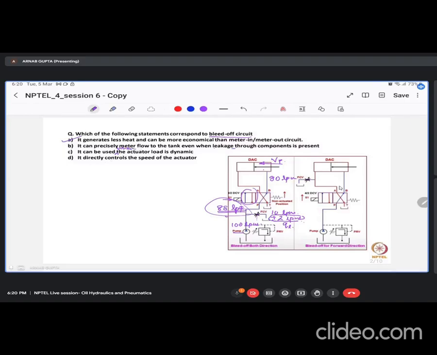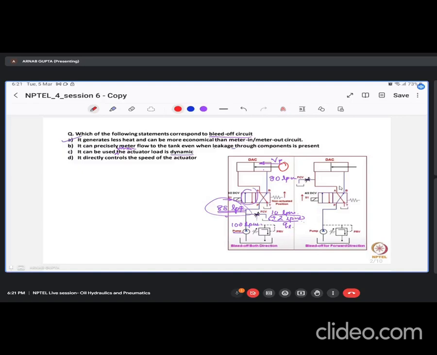Next: it can be used when the actuator load is dynamic. Again, this type of bleed off circuit can't be used against dynamic loading conditions. That is, when the load on this particular cylinder is not static or constant, then the pressure acting in the circuit will not be constant, it will be dynamic.